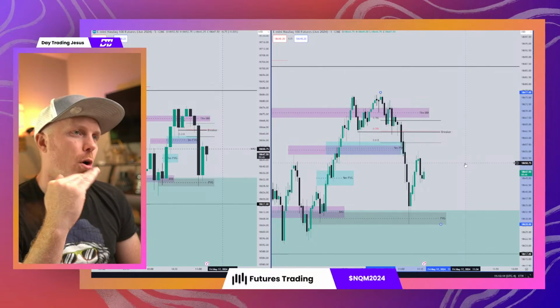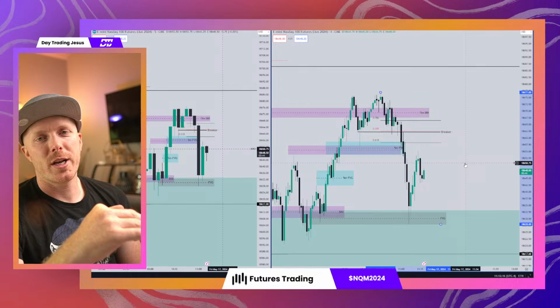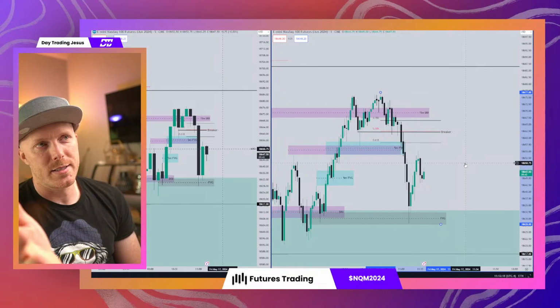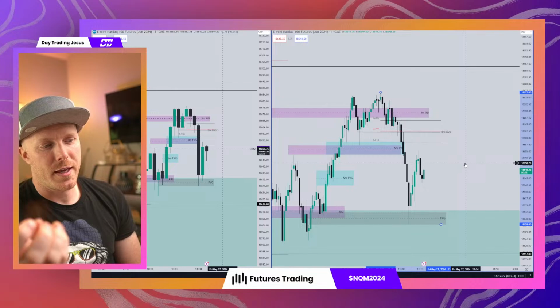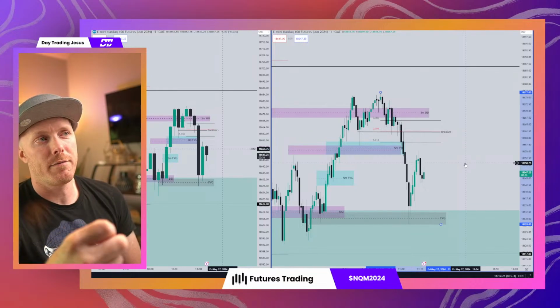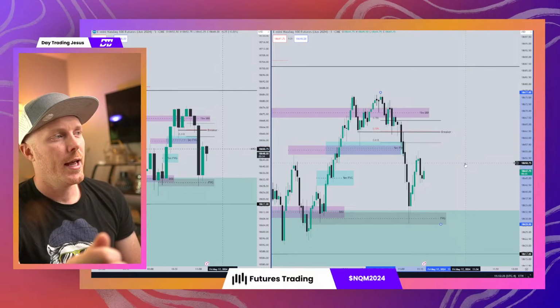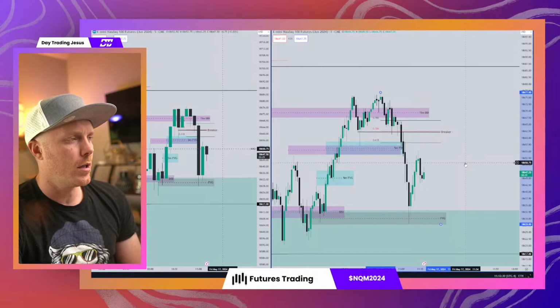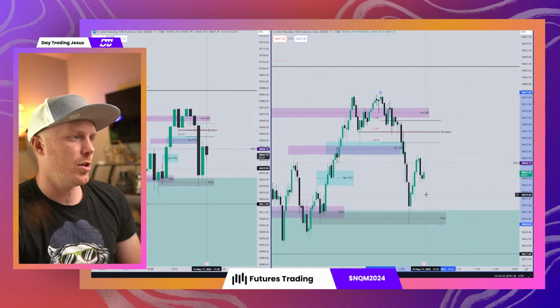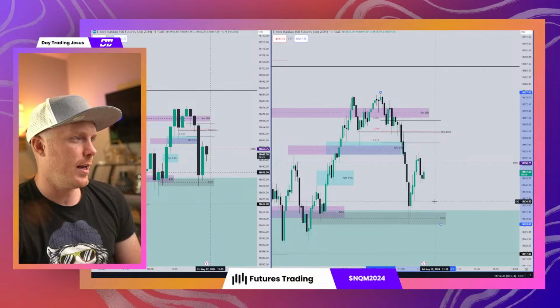If you try to use them all at the same time, you're going to get analysis paralysis and you're going to end up doing nothing. So you've just got to find the things that give you enough confidence to want to pull the trigger, and don't go overkill on it. Find the stuff that makes you confident and then go ahead and execute on that trade.